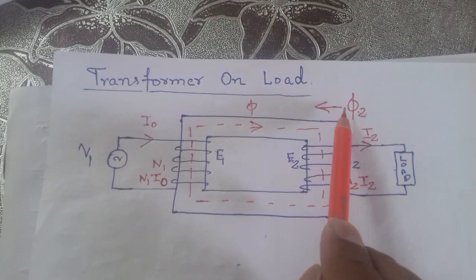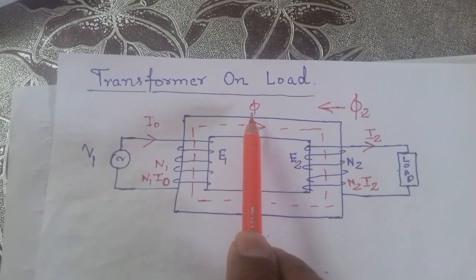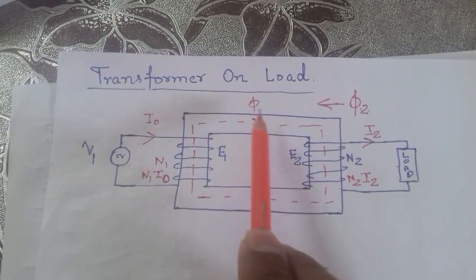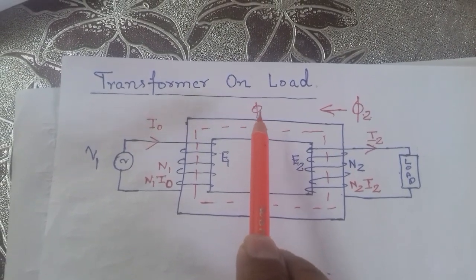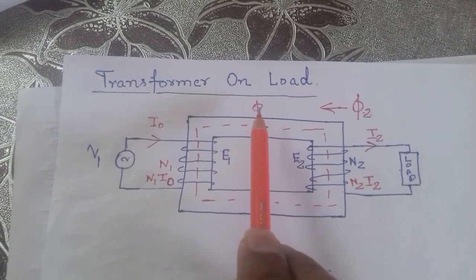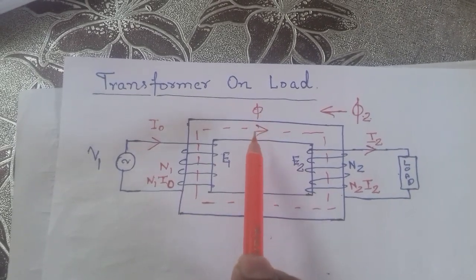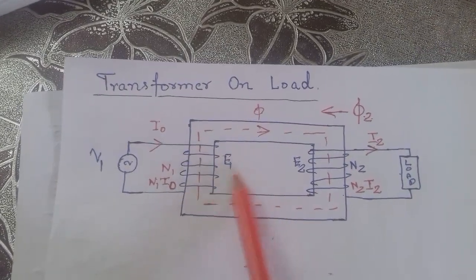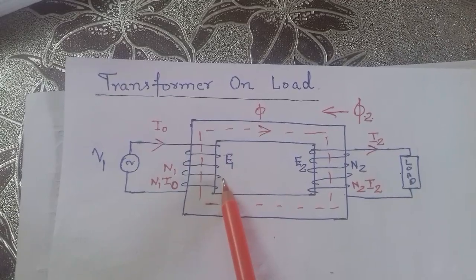And as the flux phi 2 opposes the main flux phi, the main flux phi weakens, due to which the main flux phi reduces, and the EMF induced in the primary will also be reduced.